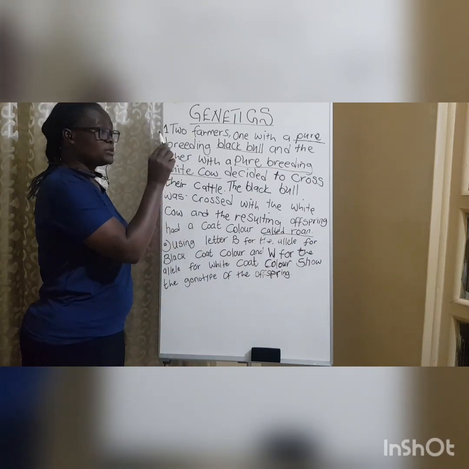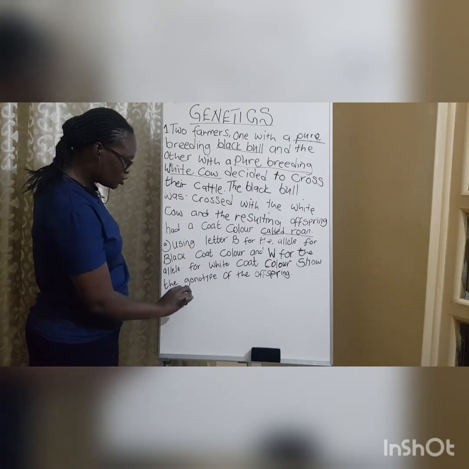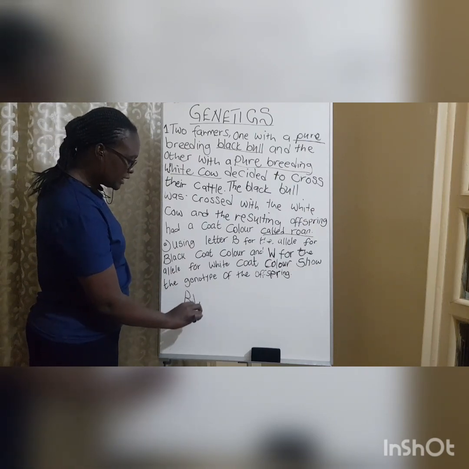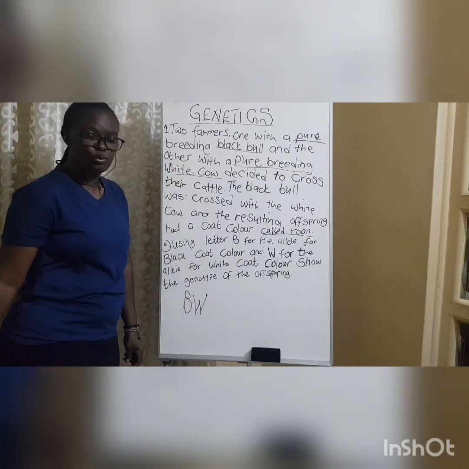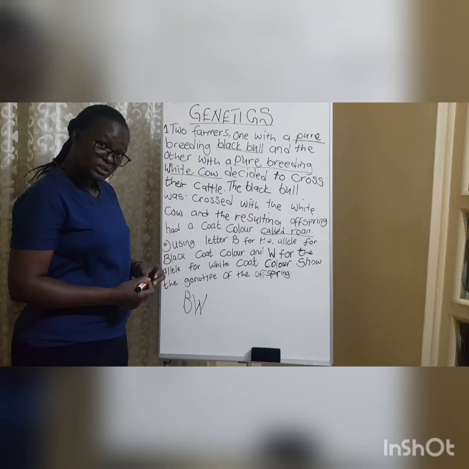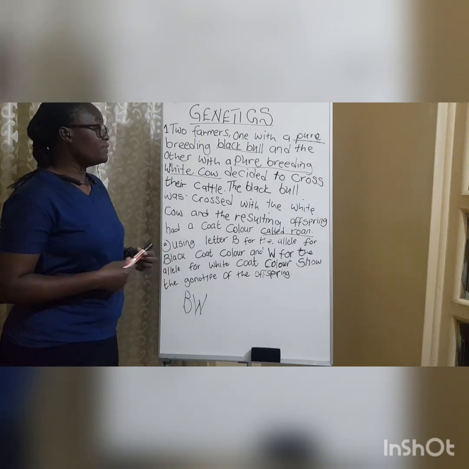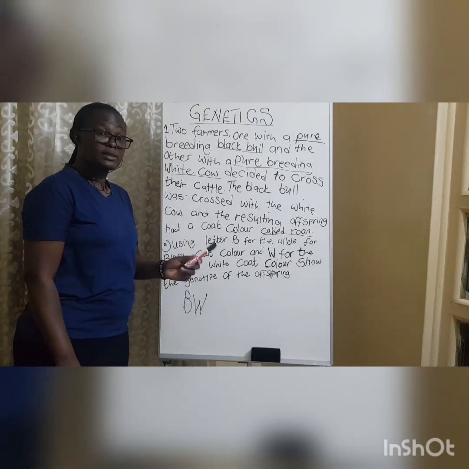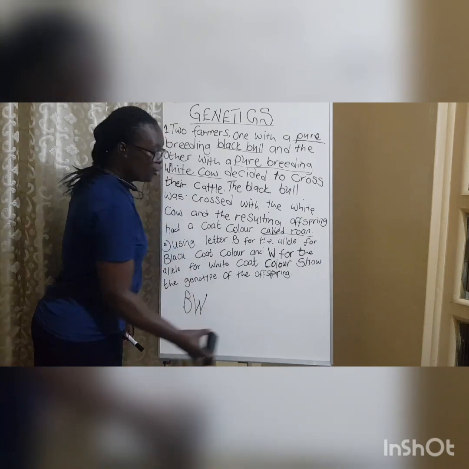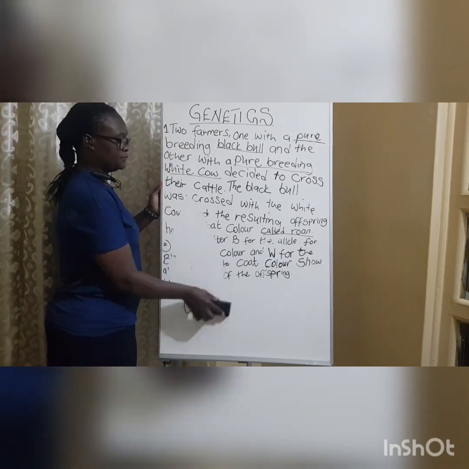Since we have said that both are dominant, the coat color is going to be BW, since both the black and the white are pure breeds and they are dominant. So we need to prove whether even when we do the diagram, we're going to have BW as the color for the roan or the offspring.